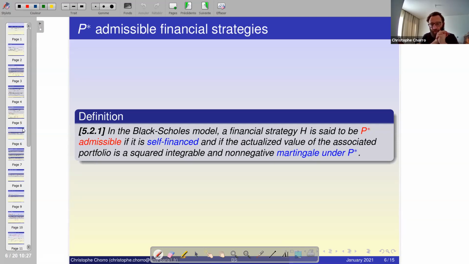And a strategy is P star admissible if the associated actualized value for this financial strategy is a square integrable and non-negative martingale under P star. So it's the strategy we are going to work with, the good one, the one with good properties that will allow us to do what we want to do, that is to price and to hedge.